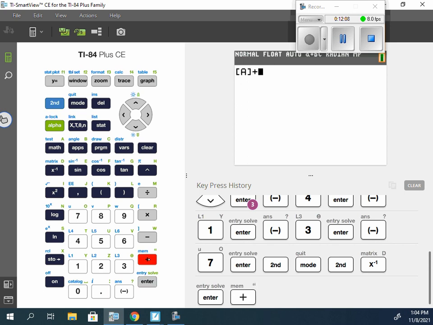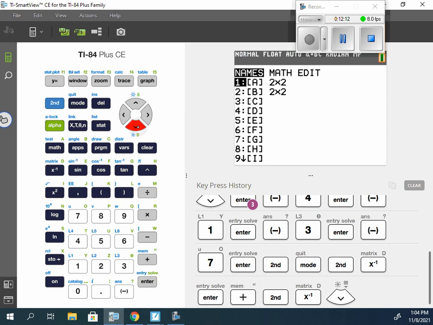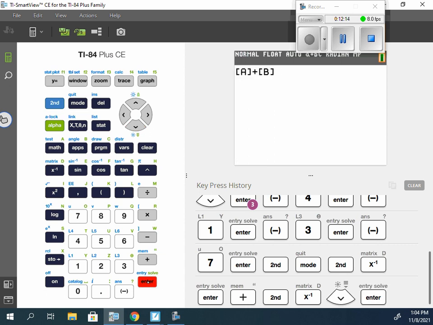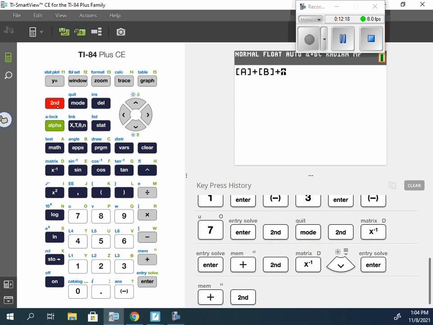So we can say plus second matrix, then we would call up B, and then what did we have next? Plus second matrix A. And that's what we want to do. Yeah, A plus B plus A. Once we get that put in, go on and hit enter.